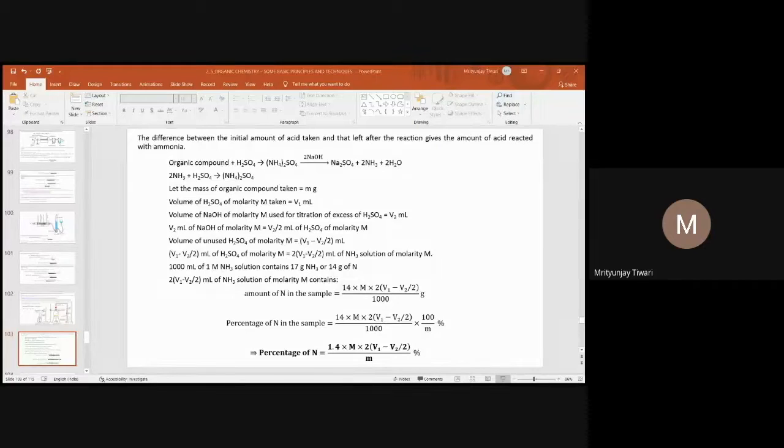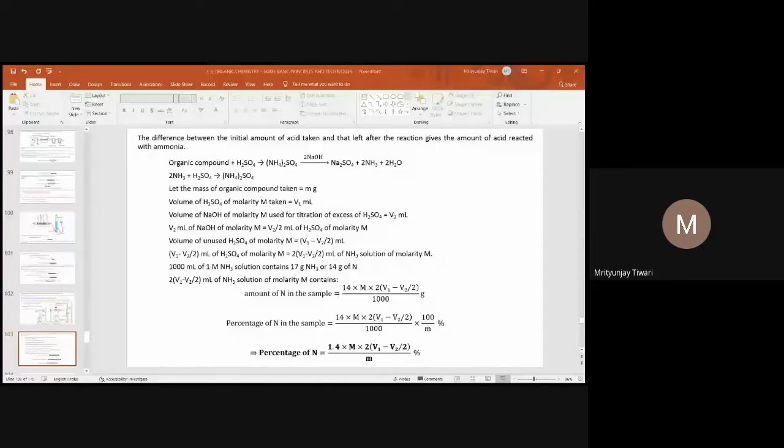Once we weigh the silver halide, 1 mole of silver halide contains 1 mole of the halogen atom. Suppose M is the mass of the organic compound in grams, and the mass of the AgX precipitate formed, after filtration and drying, is M1 gram.